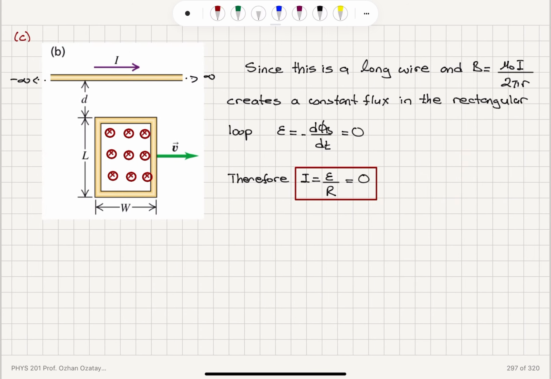If this is a rectangular loop, because the flux inside the loop is a constant as the loop travels with velocity v, because I'm keeping the same radial distance from the wire throughout this travel, therefore, the induced EMF is zero and the current is zero.